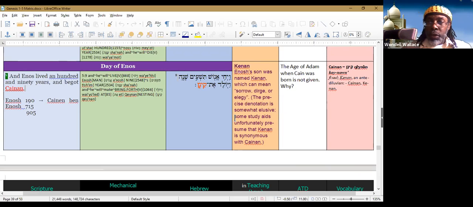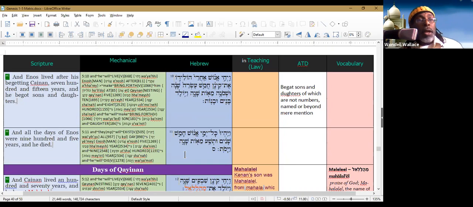And you'll see how this message continues. When it's all said and done, I'll go back to the message that was enlisted in this chapter, and I'll tell you exactly what it says. Okay? Next verse. And Enosh lived after his begetting Canaan 715 years, and he begot sons and daughters.